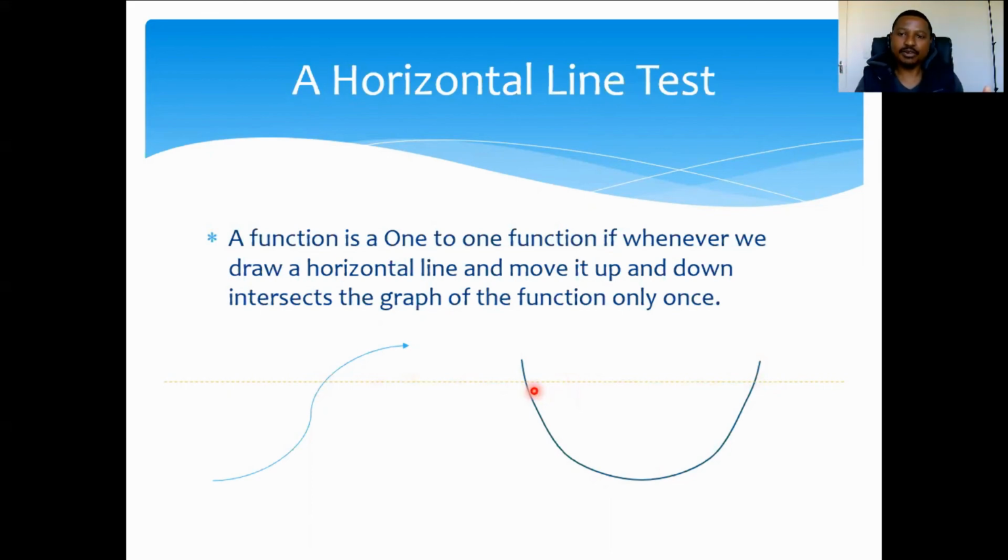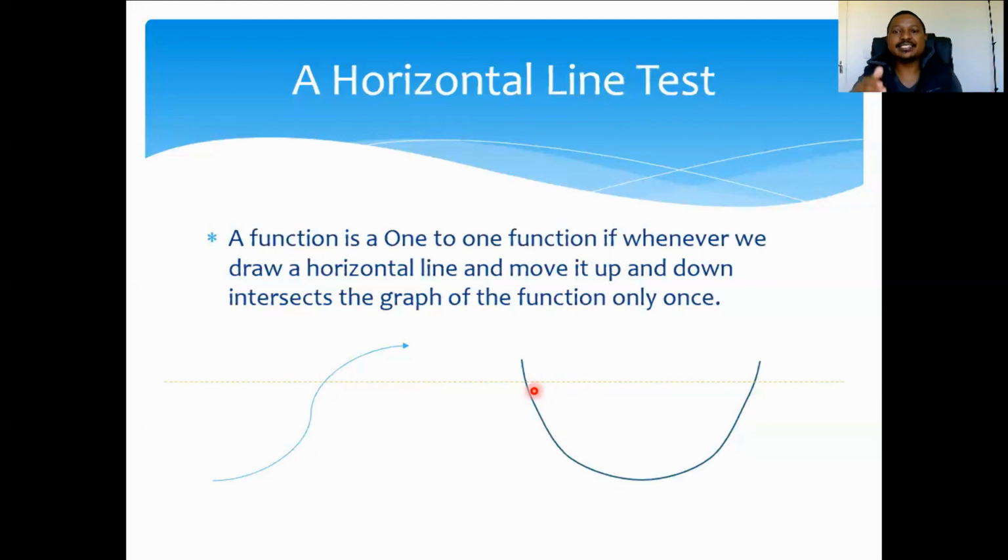So remember all that we have got. We said we have relations. When we moved on, we had special relations, and we defined those relations as functions. And then we said we can categorize functions into two: a one-to-one function and a many-to-one function. And then we said we have tests, a vertical line test and a horizontal line test.